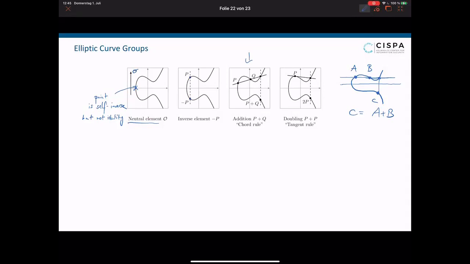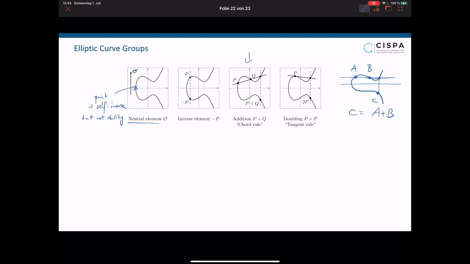So in these elliptic curve groups, we have one point that is self-inverse. And when we want to do crypto, if we have such a point, we need to throw it out, because in certain applications, such a point in the curve could make trouble. Now, good. This is the group law on these elliptic curves.